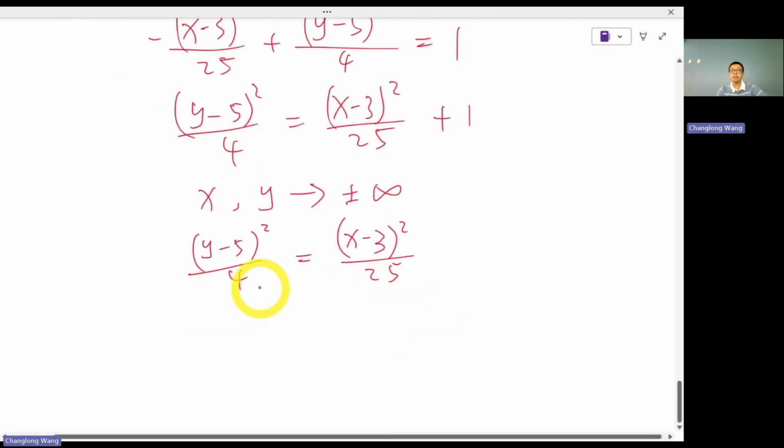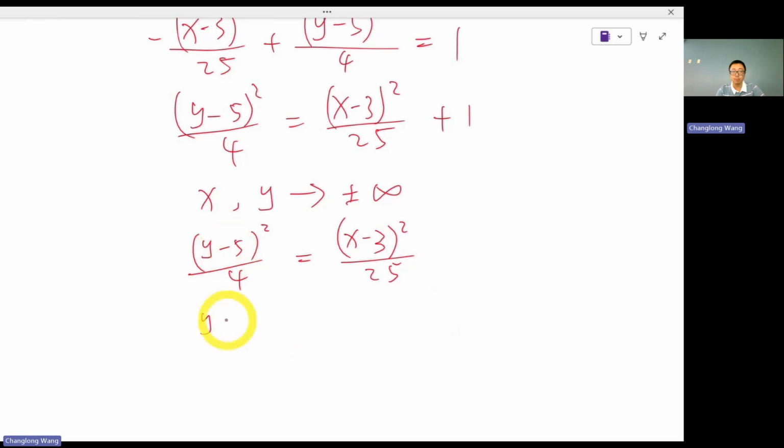Then you need to isolate the y, so you put just (y minus 5) squared by itself. Just multiply by 4, so you get 4 (x minus 3) squared over 25, right?